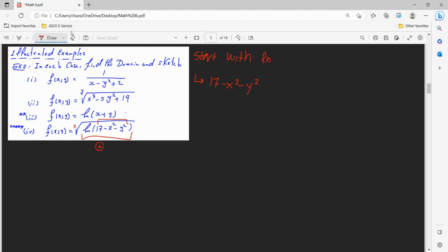So, yes, it's true we have to start with this condition here, but we also need to make sure that our ln is positive, right? Under that radical.